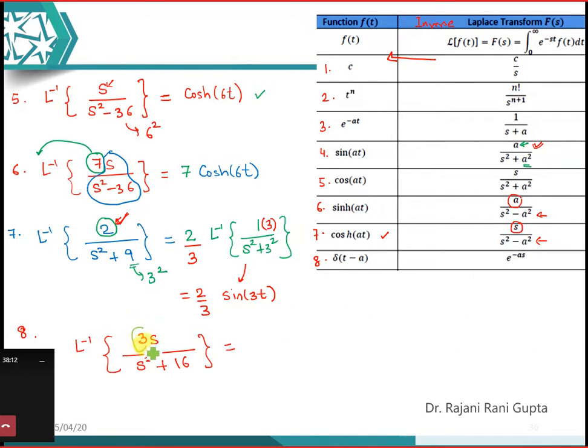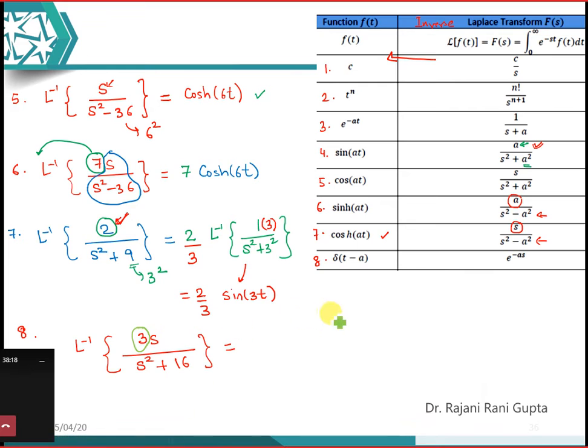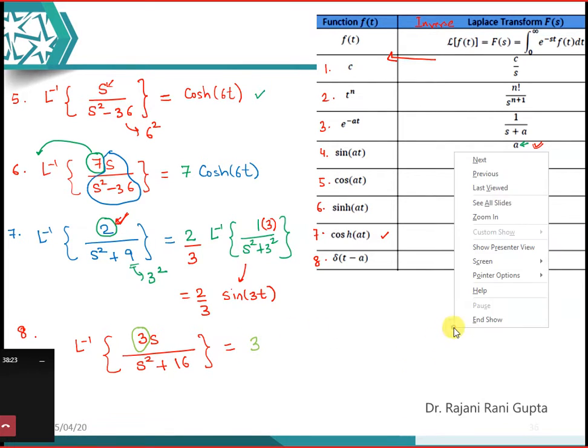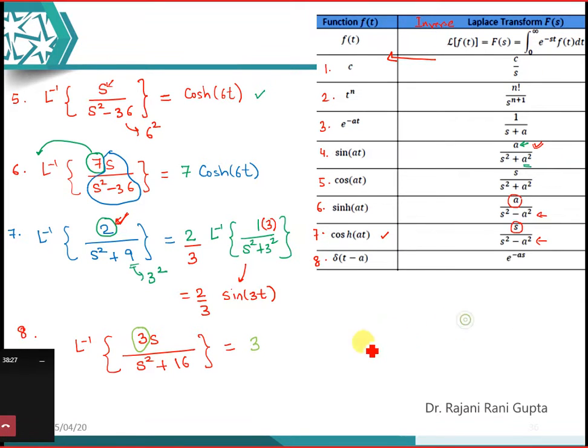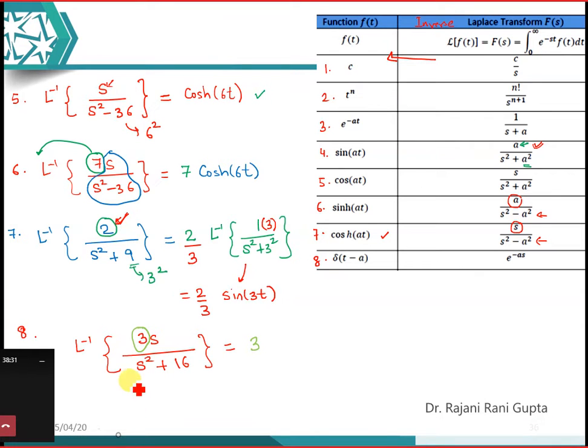Again we have 3 that we don't need. So 3 is outside. What will be the inverse Laplace of the remaining term? Correct, cos of 4t. 3 cos of 4t.